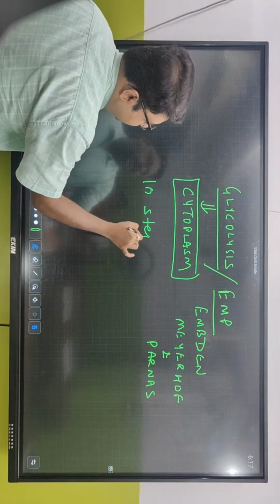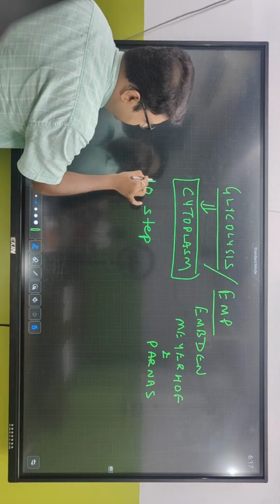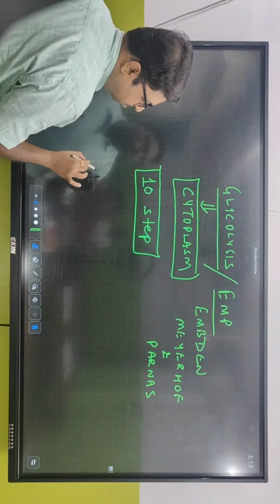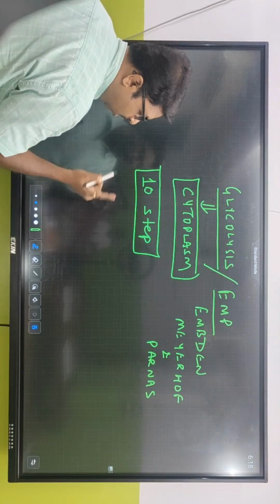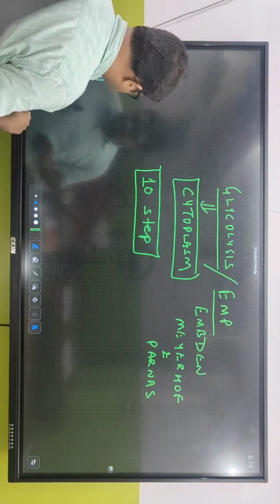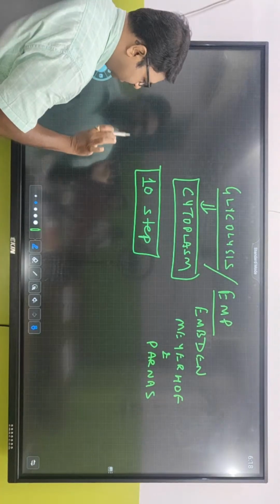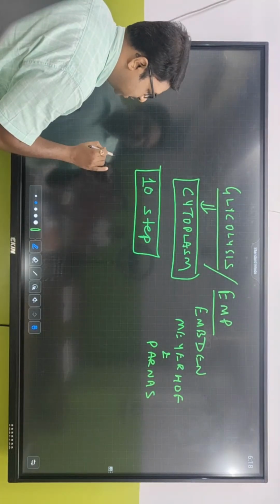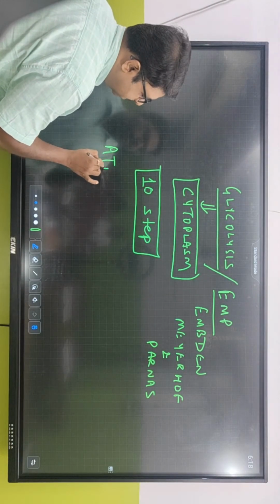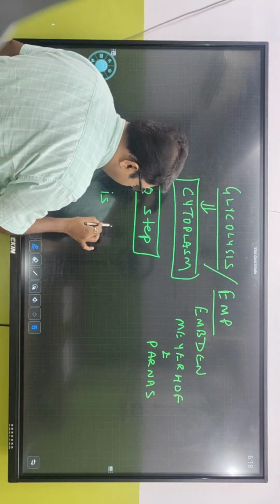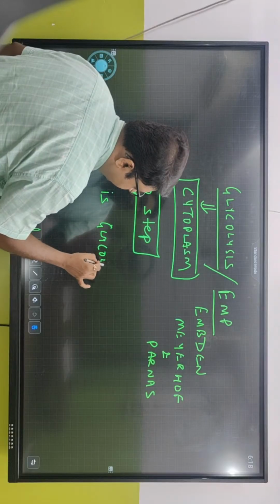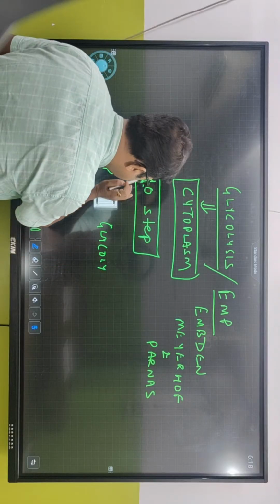In this 10-step process, how many ATP are being produced? Just help me out. How many ATP are produced in glycolysis?